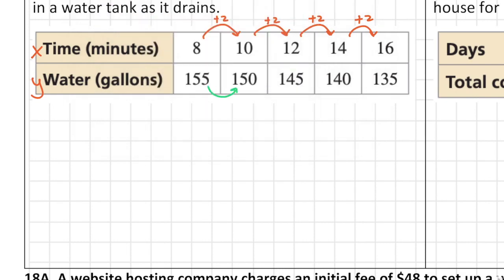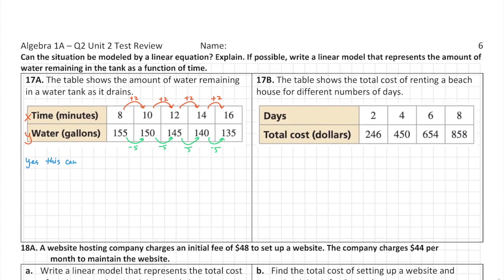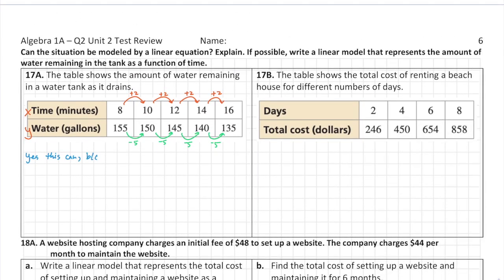So let's check the y's. In this case I'm going down 5, down 5, down 5, down 5. So I do indeed have a linear function. Yes, this can be modeled, because it has a constant rate of change.